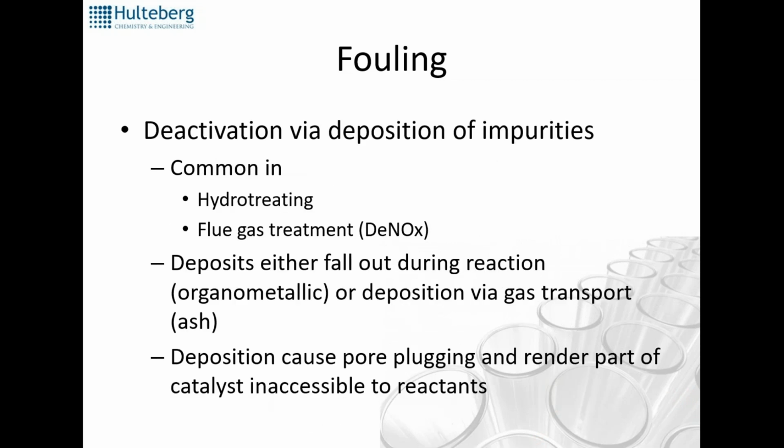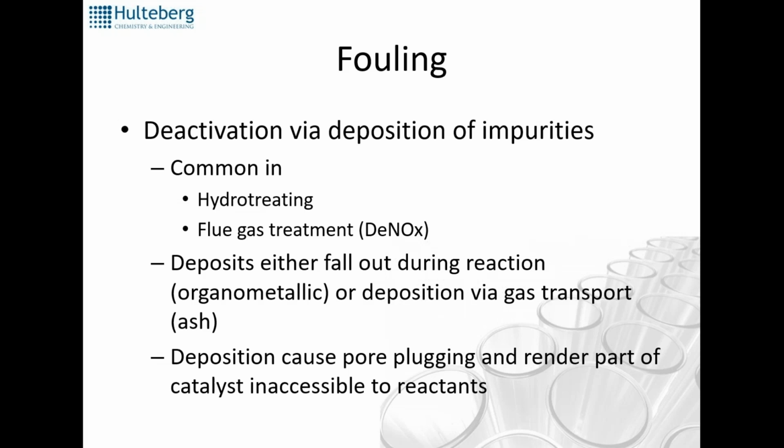Similarly, we can have fouling via deposits of impurities. It can be from hydrotreating, where you have metals in the feedstock, or indeed it can be when you treat flue gases from DeNOx, there will be ash in the flue gas that will clog your catalyst. And again, these deposits can either fall out during the reaction.